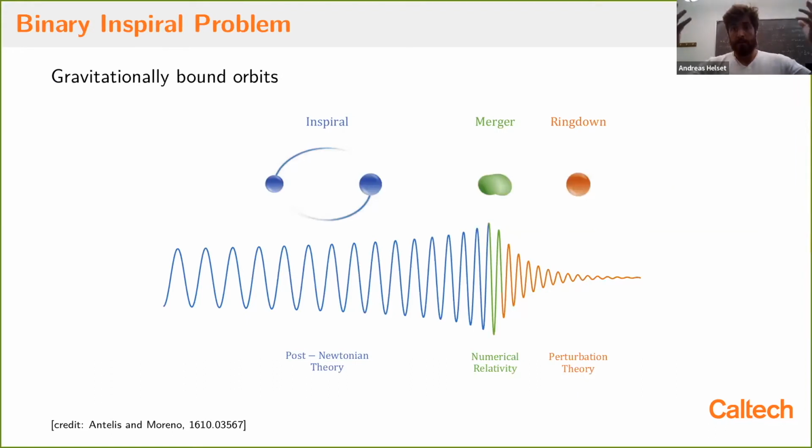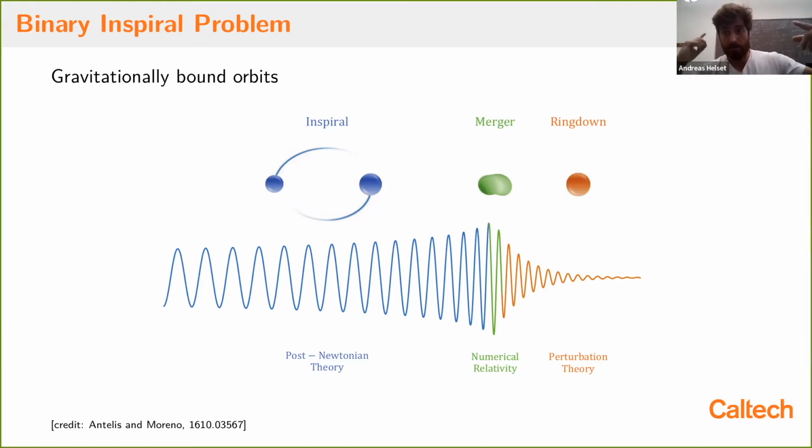The binary inspiral problem is a classical problem, and it's the problem of how two massive gravitationally bound objects evolve through time. These can be either, say, two black holes, or two neutron stars, or a black hole and a neutron star. They move around in a bound orbit at relativistic speeds.